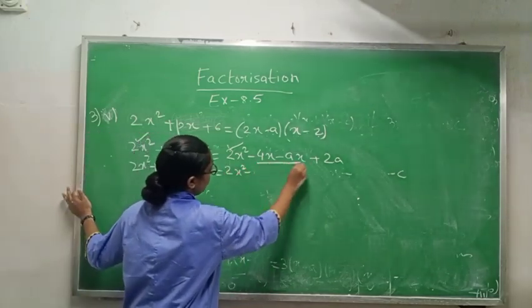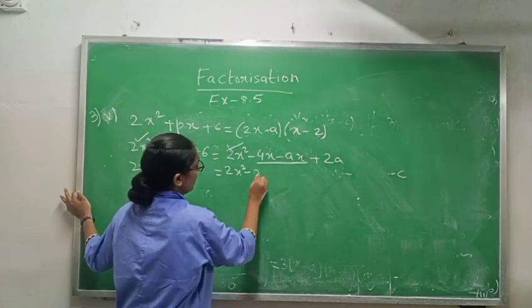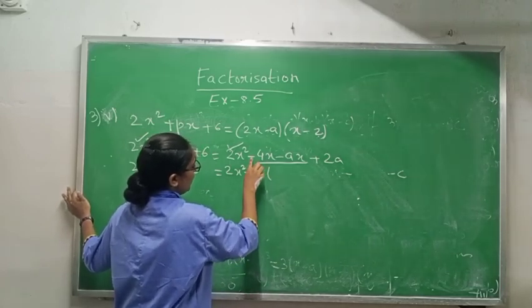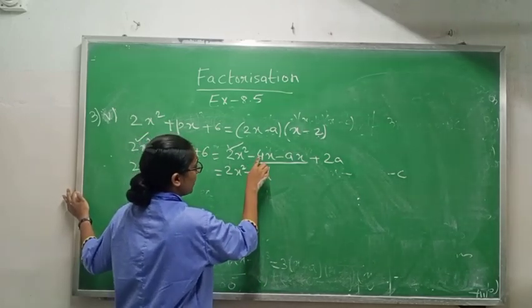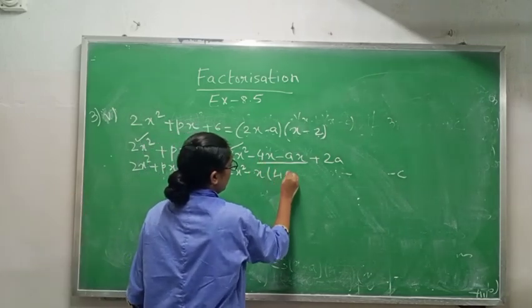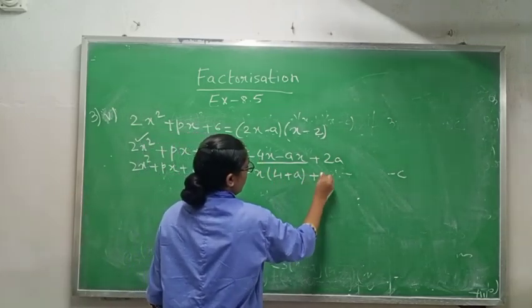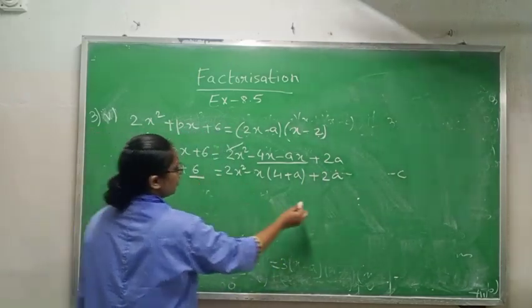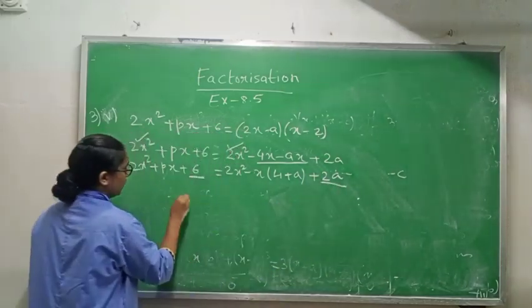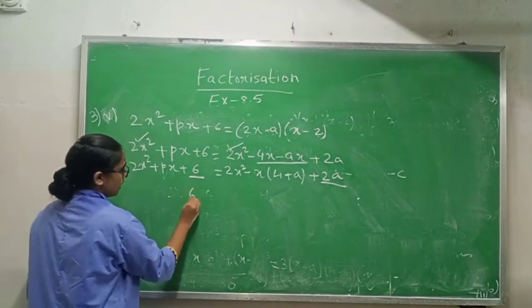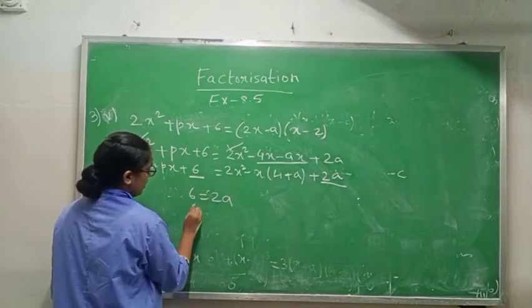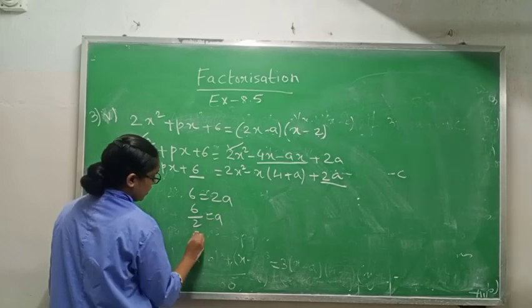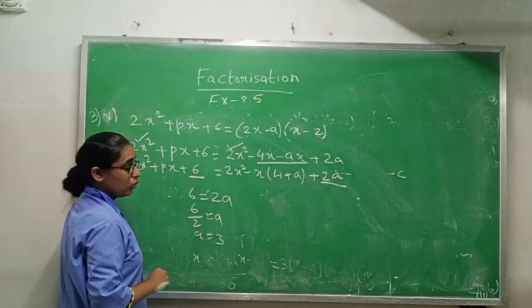You have to find p and a. Now from these two terms we can take x common. When we take x common, what is left? Minus x I am taking common, so it becomes (4 plus a), plus 2a. Since both sides are equal, this 6 is also equal to this 2a. Therefore 6 equals 2a, so 6 by 2 equals a, which equals 3.